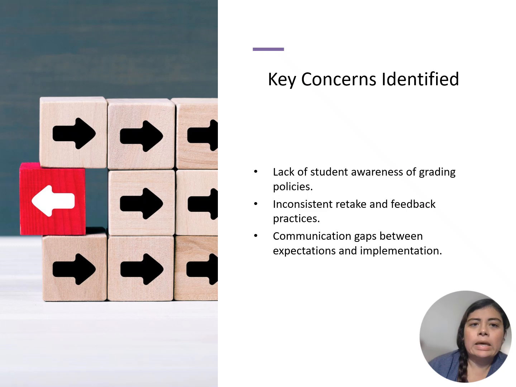And then finally, there's definitely a communication gap between policy expectations and classroom level implementation, which happens on our teachers' end, but it contributes to that student confusion. So these are really significant roadblocks to our students' success, I think.